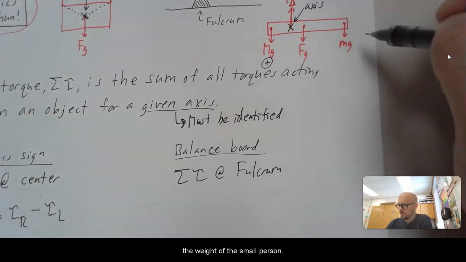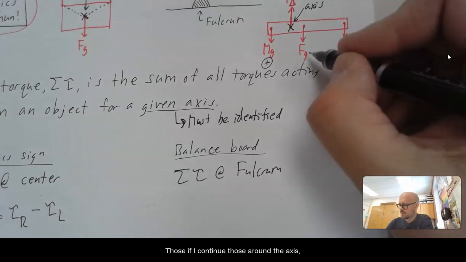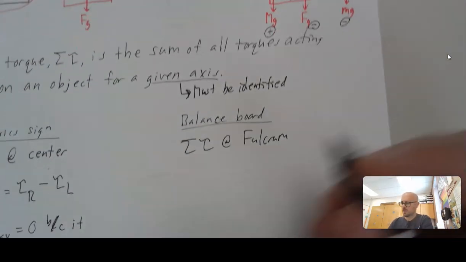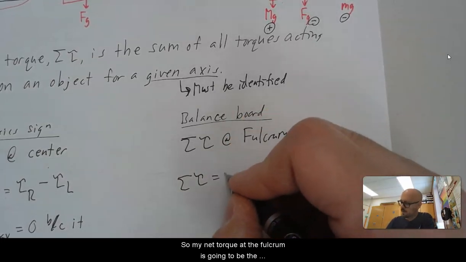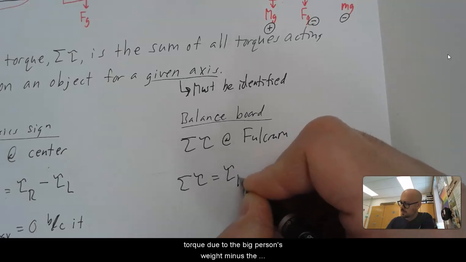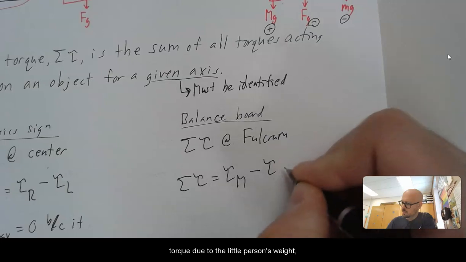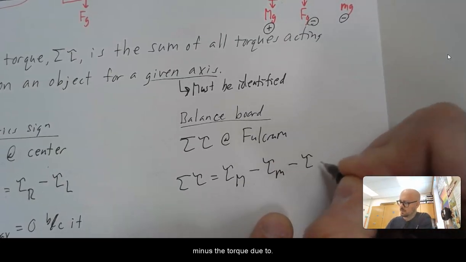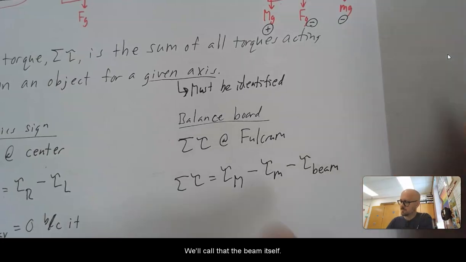The weight of the board and the weight of the small person, if I continue those around the axis, those are clockwise torques, and so those are going to be negative. So my net torque at the fulcrum is going to be the torque due to the big person's weight minus the torque due to the little person's weight minus the torque due to, we'll call that, the beam itself.